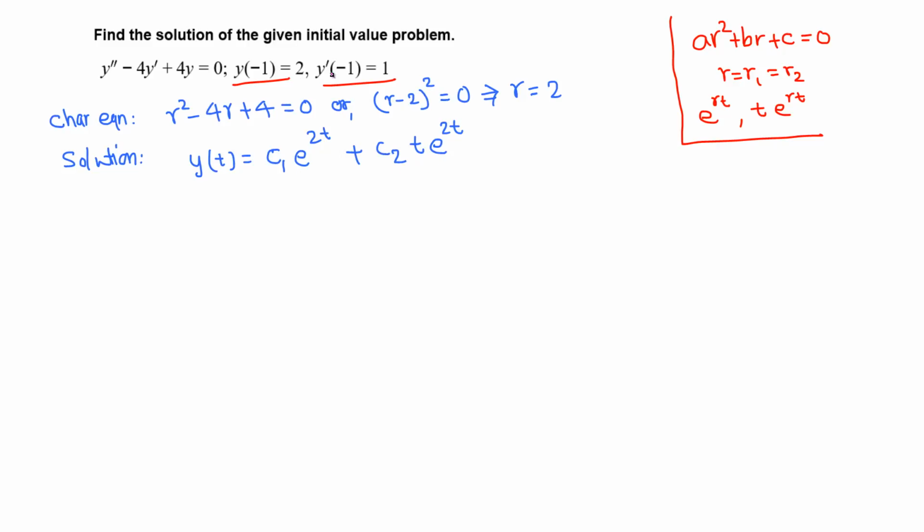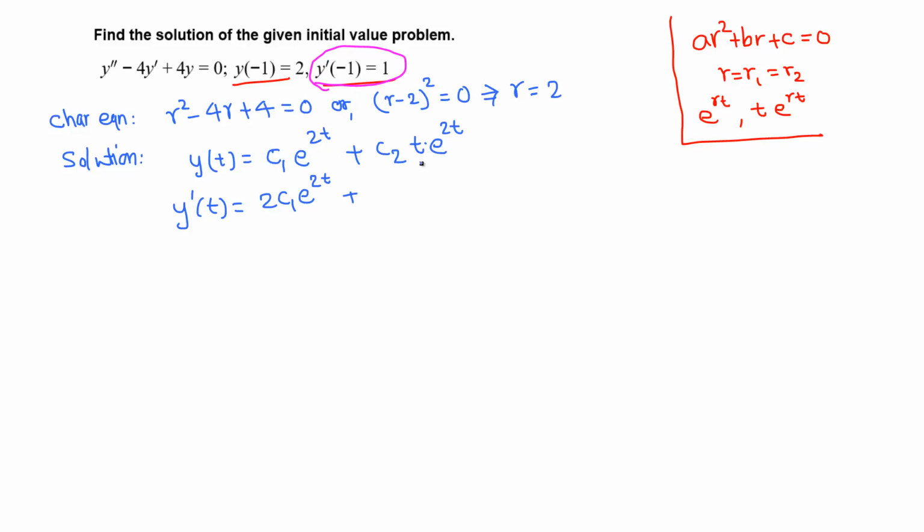And notice the second initial condition requires us to find the derivative. So let's find the derivative of this. y prime is the derivative of e raised to 2t, which is 2 times this, so 2c1 e raised to 2t plus c2 t times e raised to 2t.